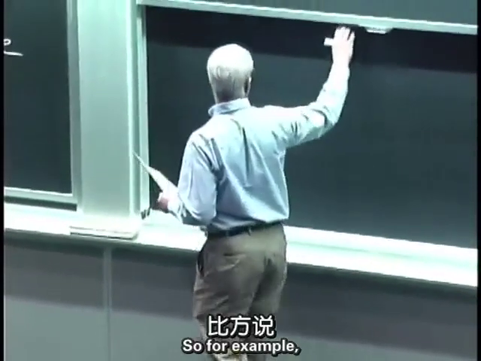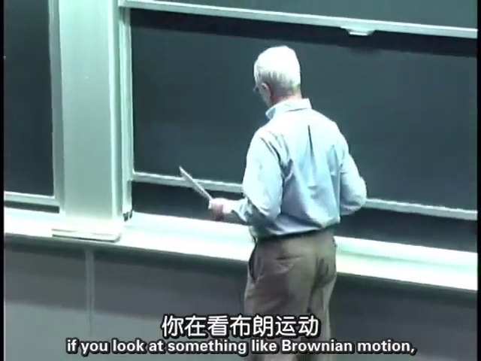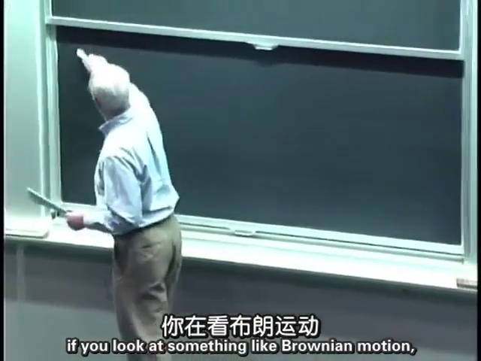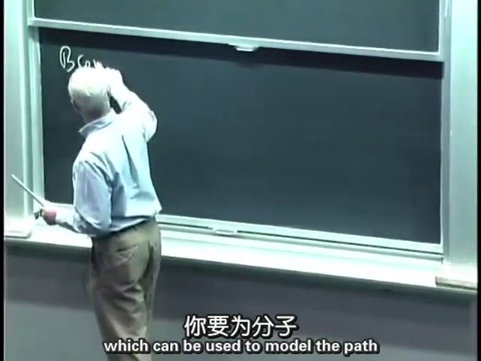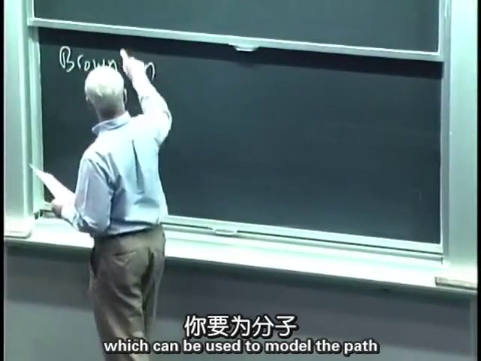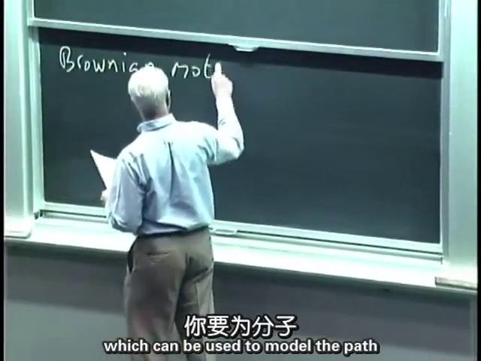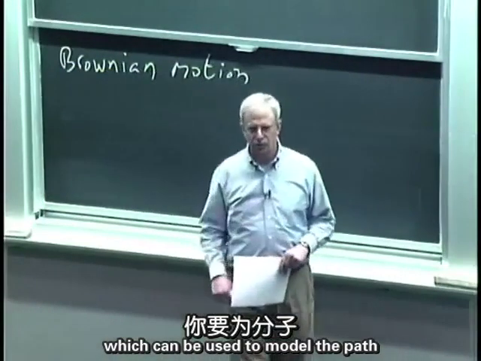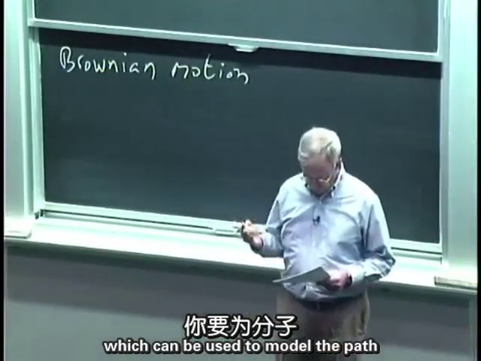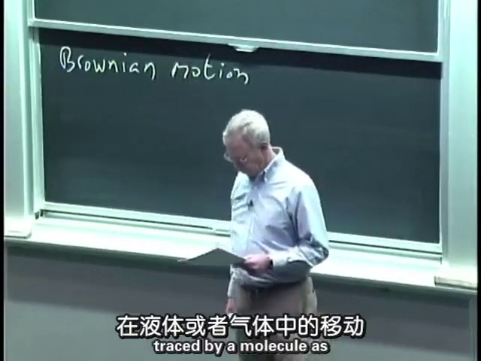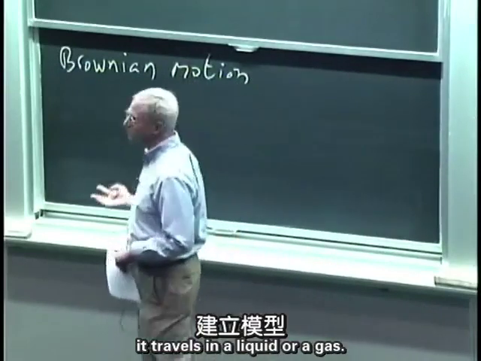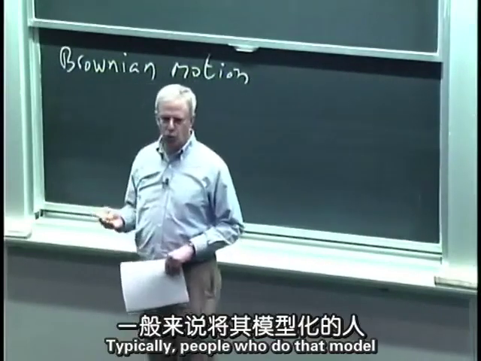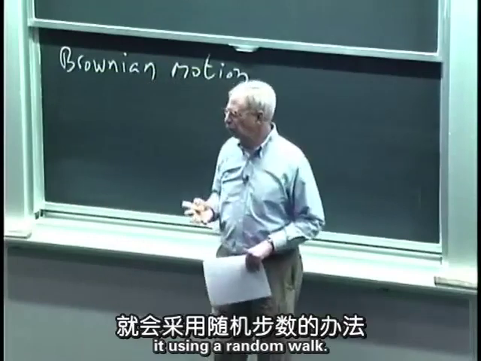So for example, if you look at something like Brownian motion, which can be used to model the path traced by a molecule as it travels in a liquid or a gas. Typically, people who do that model it using a random walk.